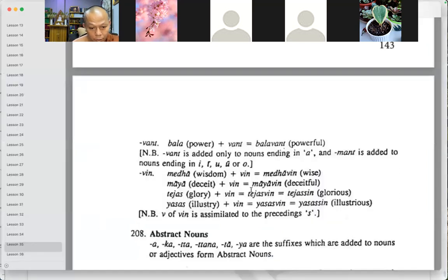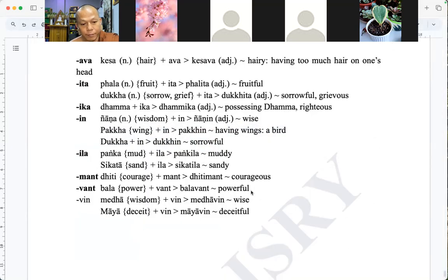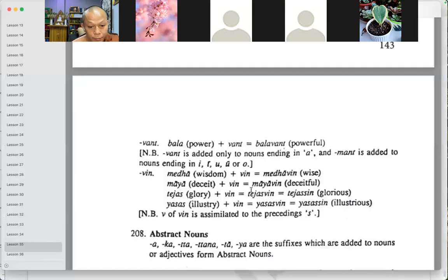And the next word is yasa. Yasa is glory. Yeah, glory.